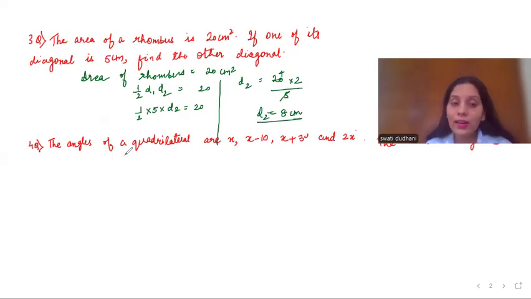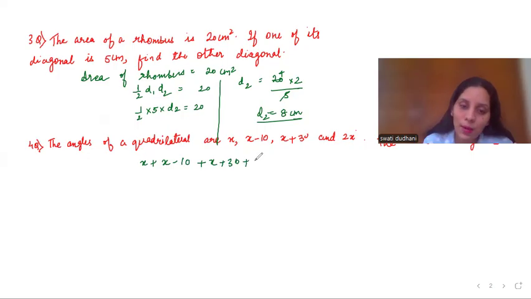Fourth one, the angles of a quadrilateral are given and you need to find the smallest angle. Again, the sum of all the angles in a quadrilateral is 360 degrees. So x plus x minus 10 plus x plus 30 plus 2x is equal to 360 degrees. Now, x plus x plus x plus 2x is 5x. 30 minus 10 is 20, is equal to 360.